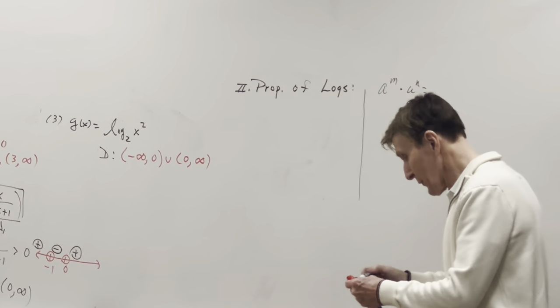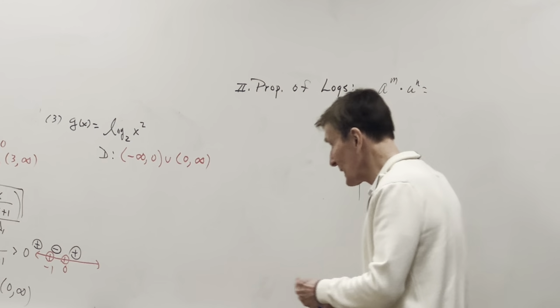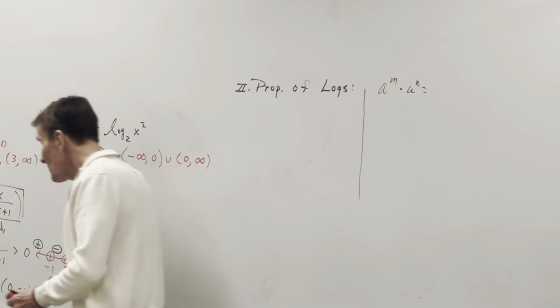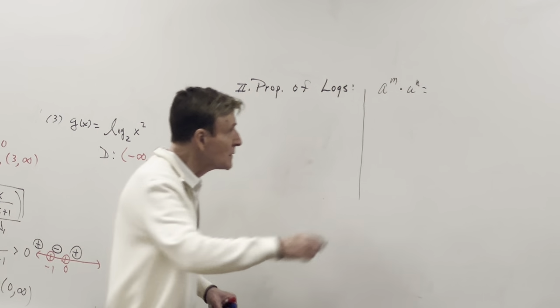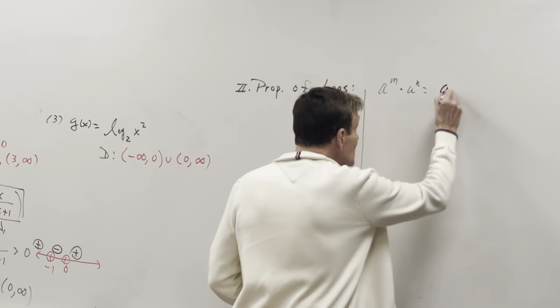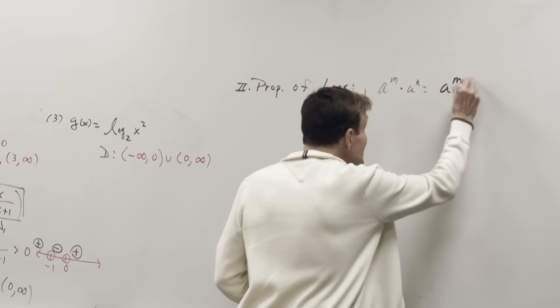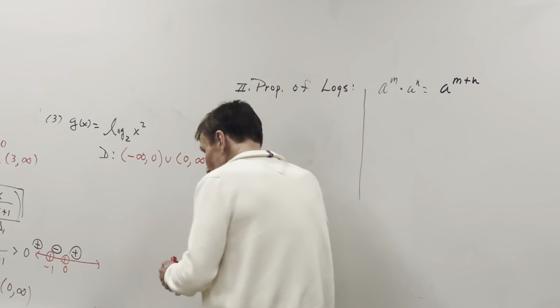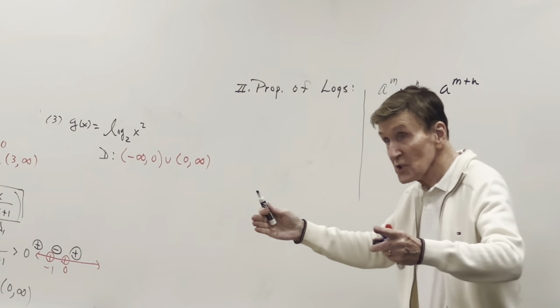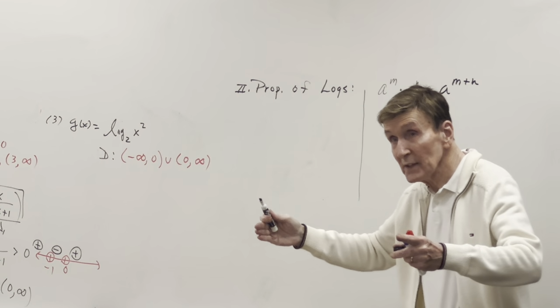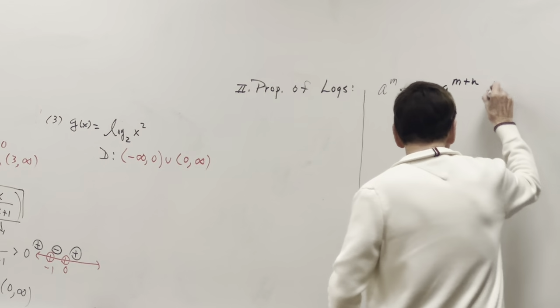Who recalls what that property said back then? Okay, a raised to the power m plus n. She's telling me m plus n. And they called that, I think, the product property. You remember all the teachers smiled and you smiled when you did this? Product property.